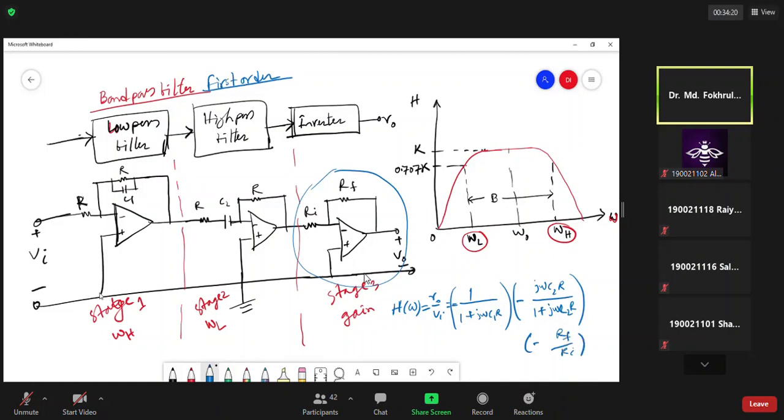So this will be the transfer function of the first order band pass filter.